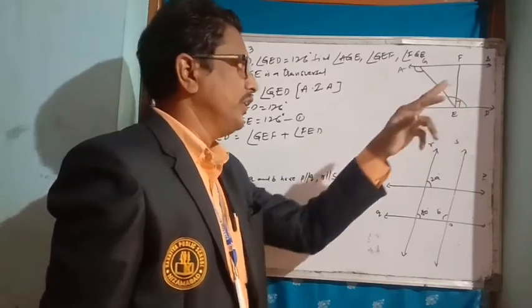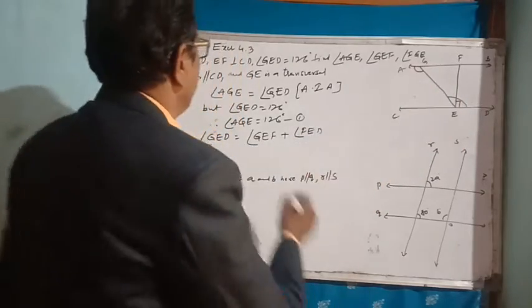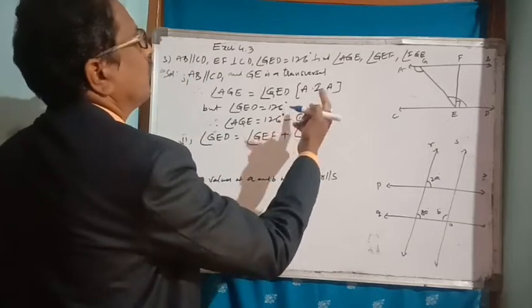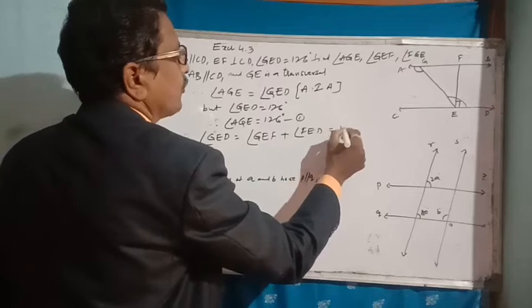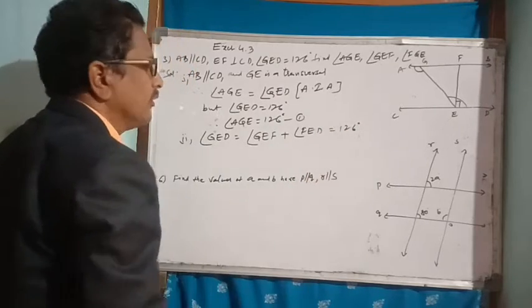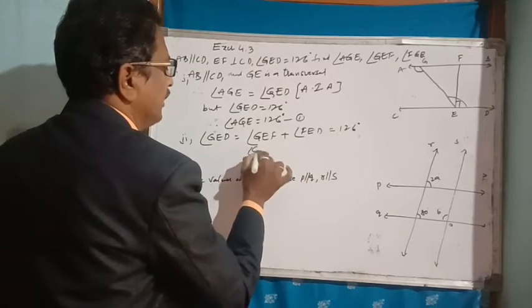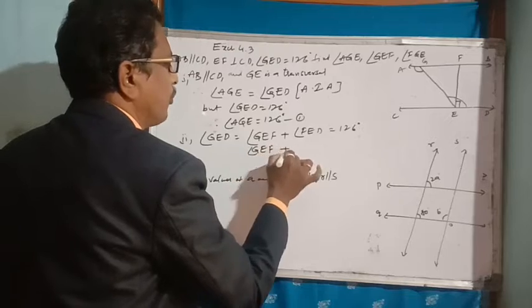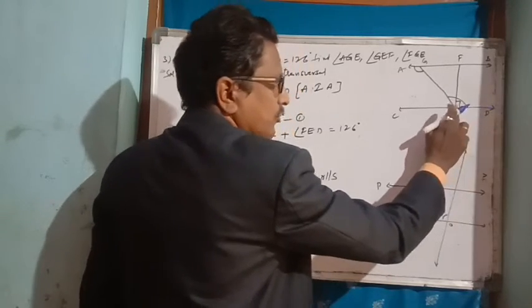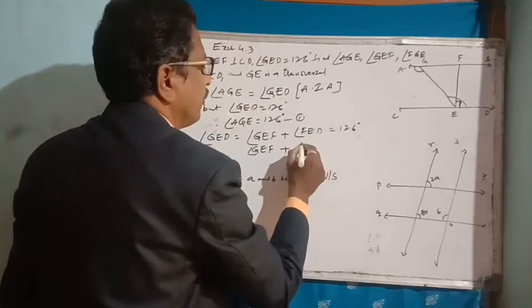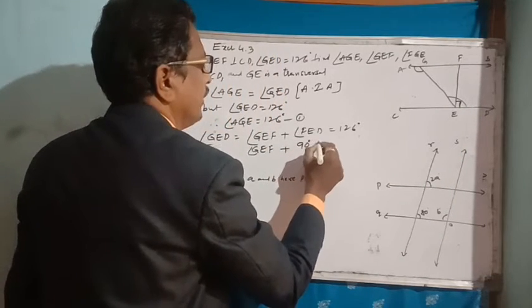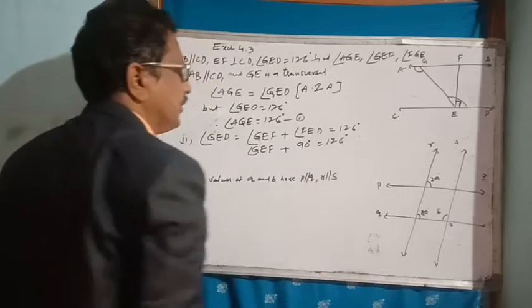GED is equal to how much, given? GED is equal to 126. Then angle GEF plus FED. FED is equal to here, this is a perpendicular symbol, meaning 90 degrees. So FED is equal to 90 degrees.